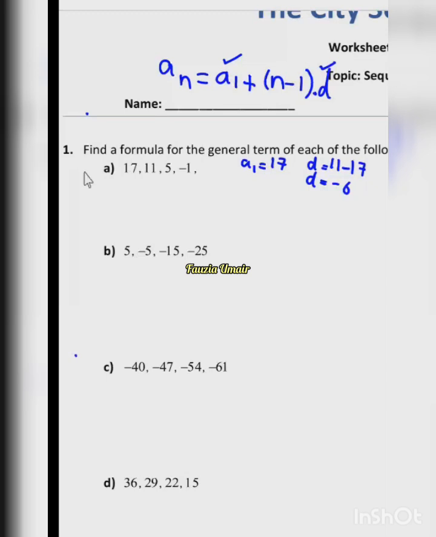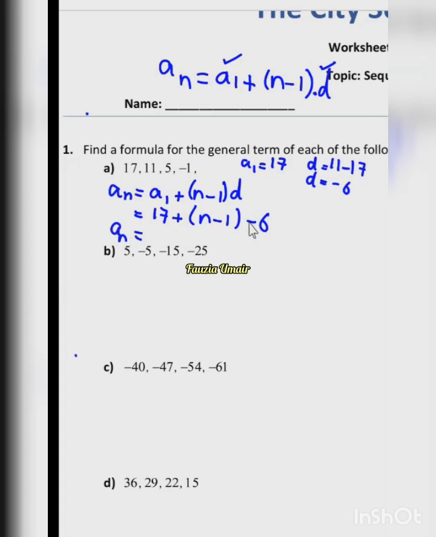So now I can use the formula. I will write down, using the formula, An is equal to A1 plus n minus 1 into d. I will replace A1 with 17 plus n minus 1 multiplied with minus 6. While opening this bracket, I will be very careful because this is minus.